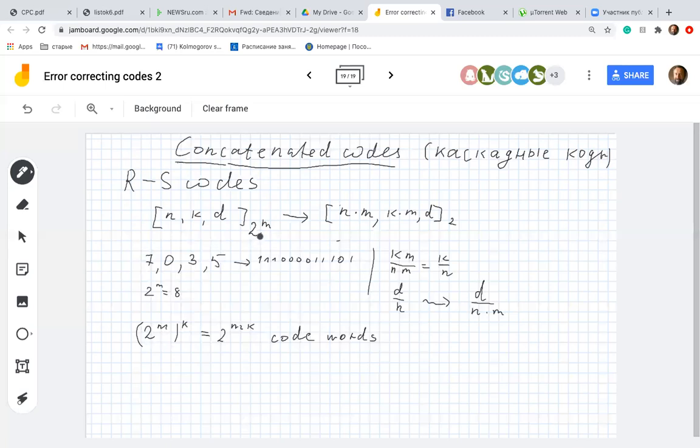In general, we have two codes, which are called the outer code and the inner code.